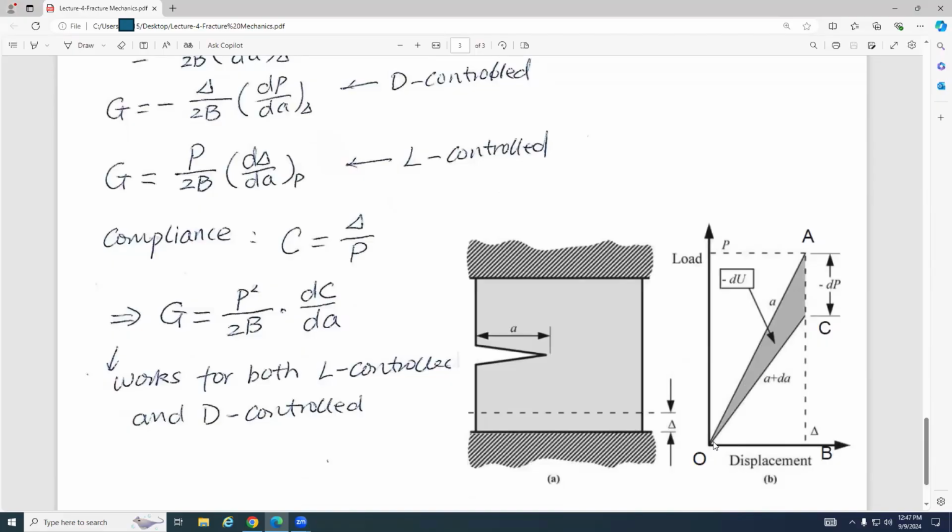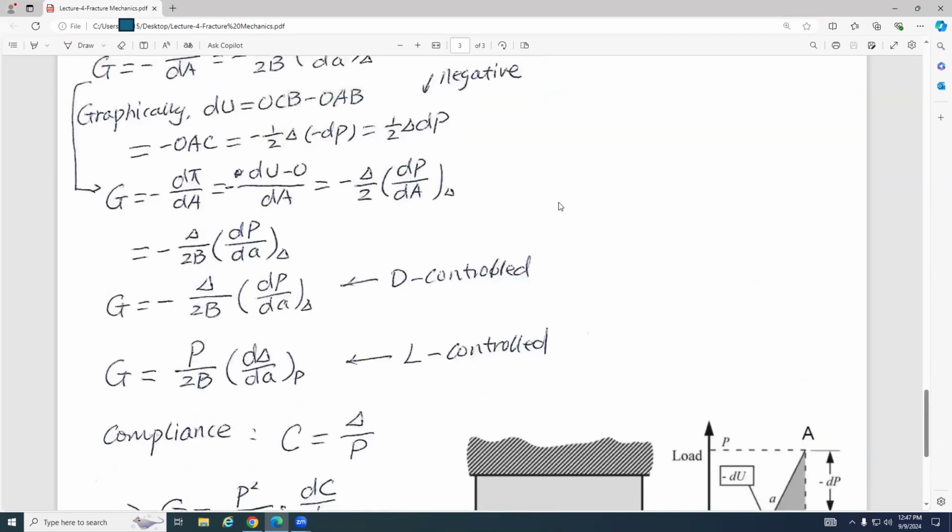OCB, this area, minus OAB. That means this is the potential and this is the shaded area, and this is negative.